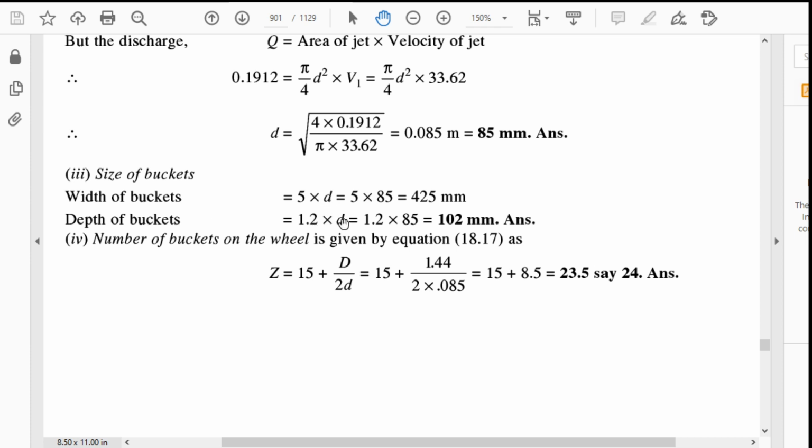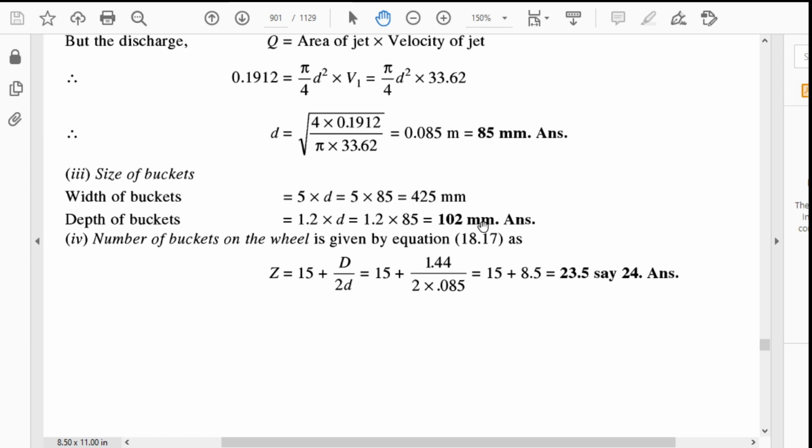The diameter of jet we have calculated. Substitute in the formulas, you will get the width of bucket as 425 mm and the depth of bucket as 102 mm.